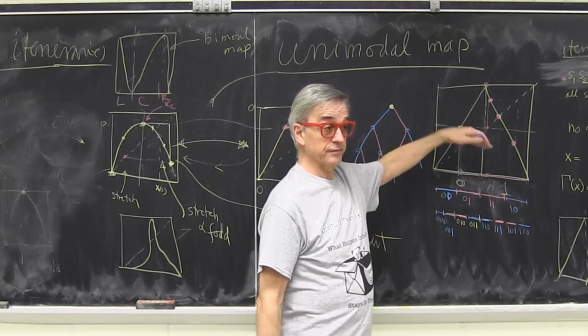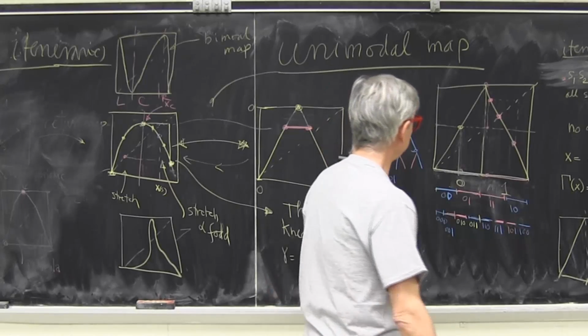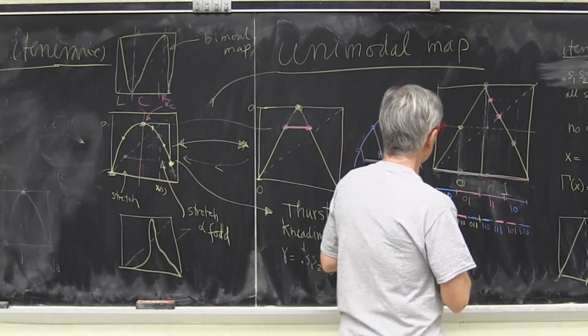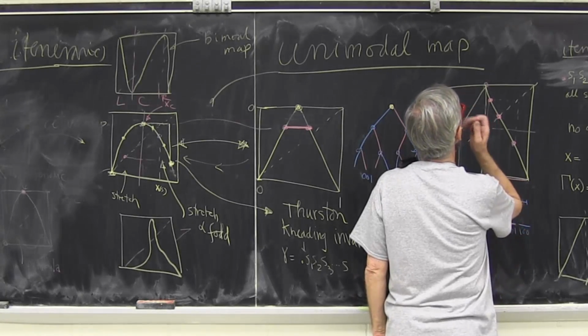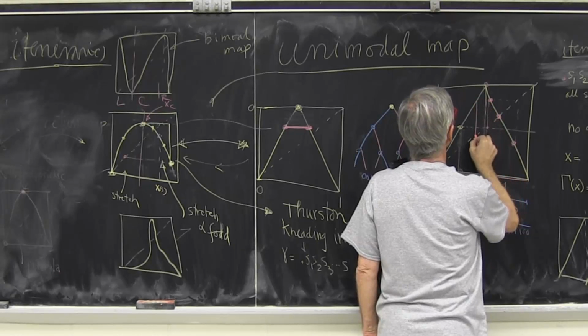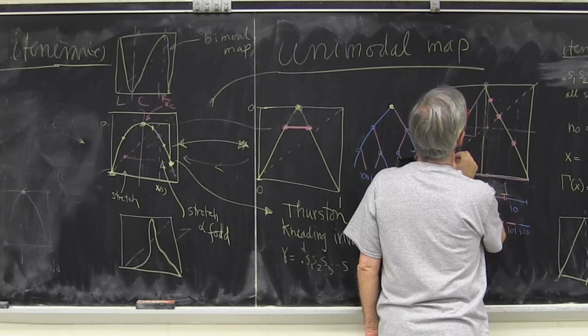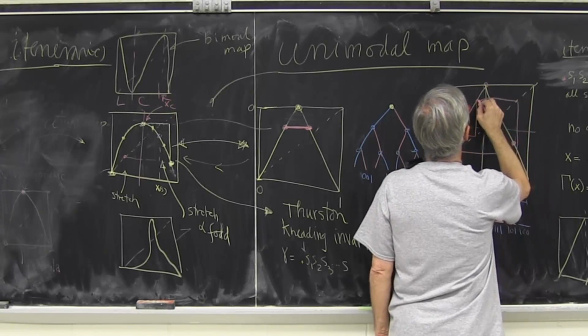And the topology will tell us what not to look for. The idea is extremely simple. If I have, for example, the two period 3 orbits, and I'm sure I'm going to screw them up, there's an orbit that looks like that.